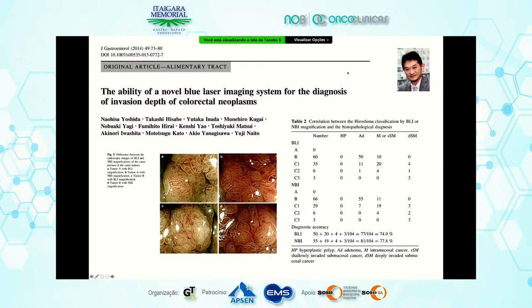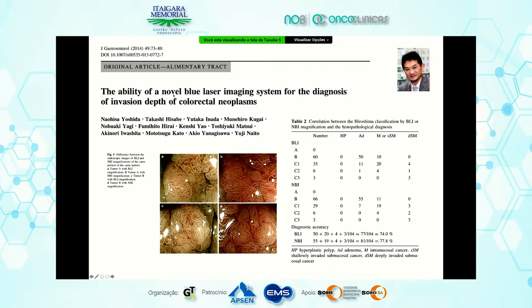By the way, today I gave a lecture on JNet classification using NBI magnification. This is Naoshita Yoshida, my friend at Kyoto Prefectural University.